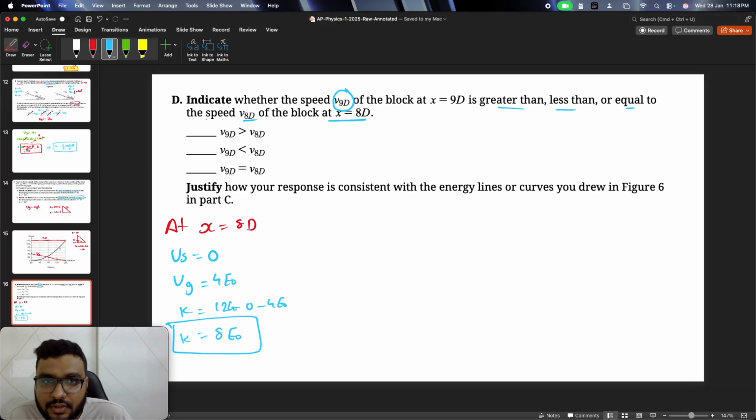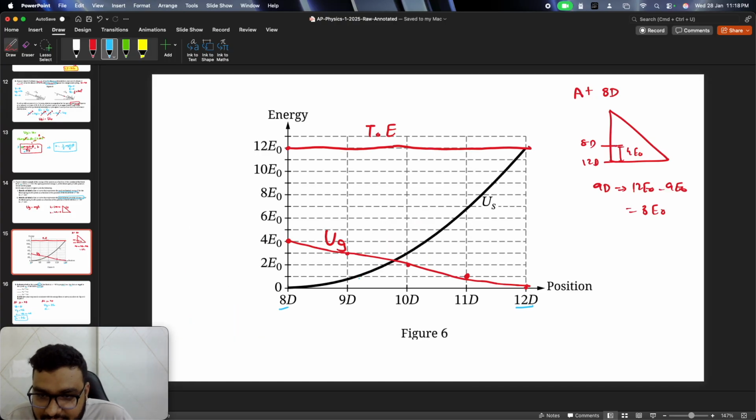Okay, now let's write it down for x equals 9d. At x equals 9d, I definitely know the gravitational energy. So gravitational energy is going to be 3 E naught. But now I have to find the spring potential energy from the graph. So I can see that this is 3 E naught, but this is a little less than 1.